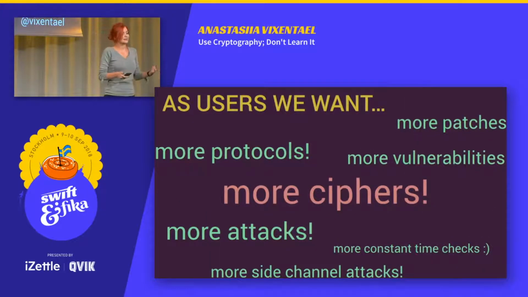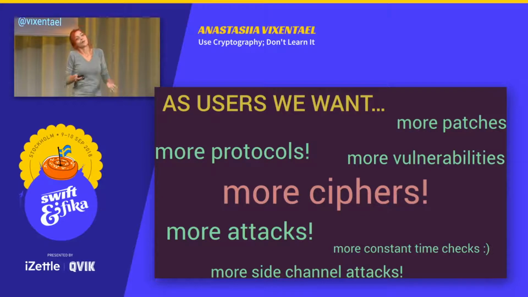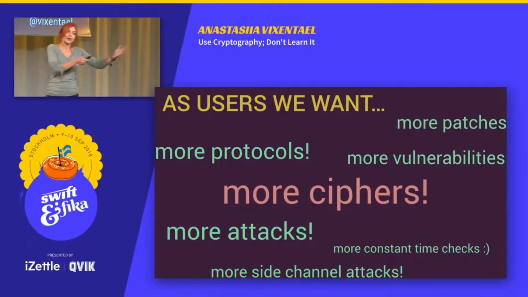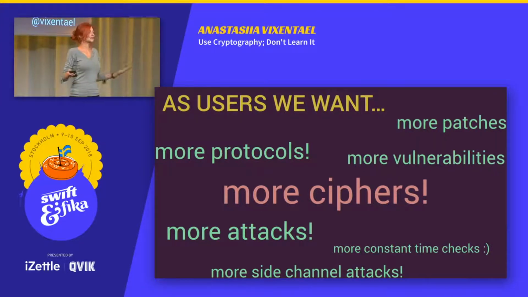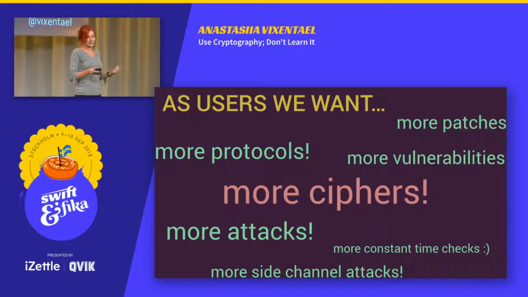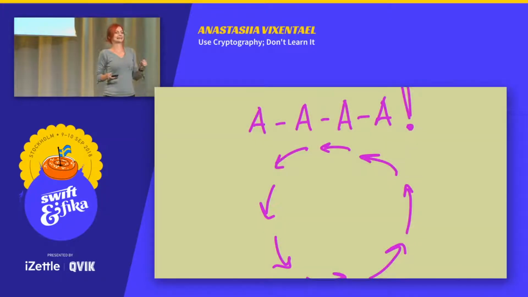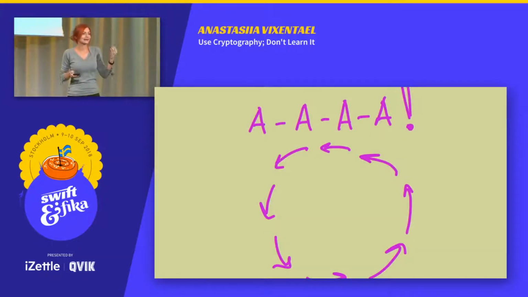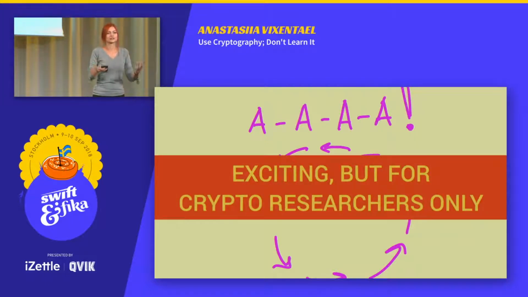More ciphers, more protocols, more vulnerabilities, more patches. That's really cool, right? Well, that's exciting. But I'm looking into your eyes, and I don't see this excitement. To be honest, this is really exciting, but for crypto researchers, for people who are doing cryptography, not for developers.